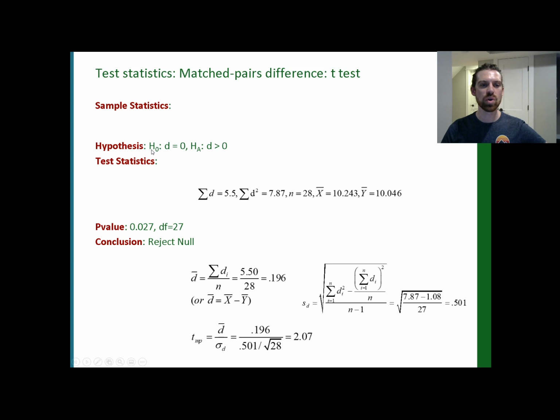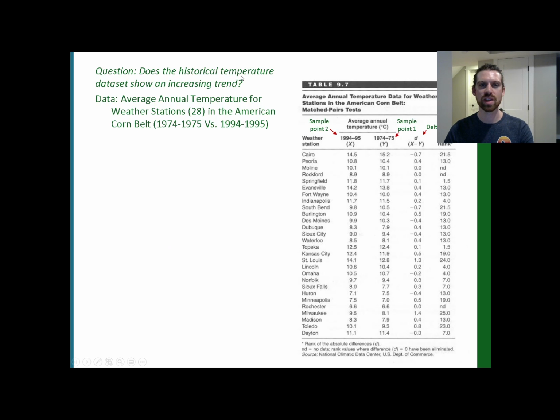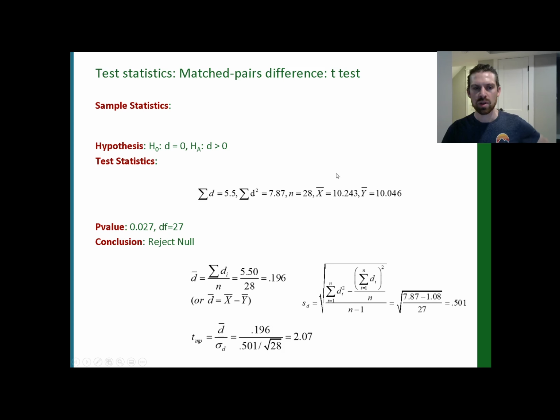We would be saying for the null hypothesis that our d value is equal to 0, and then our alternative hypothesis is going to be larger than 0. The reason why we say larger is because we're asking if the historical temperature trend shows an increasing trajectory.